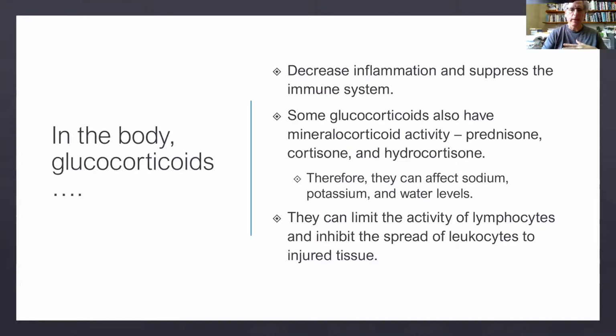Glucocorticoids can limit the activity of lymphocytes and inhibit the spread of leukocytes to injured tissue. So they're very good for inflamed tissues. They also decrease the expression of phospholipase A2.